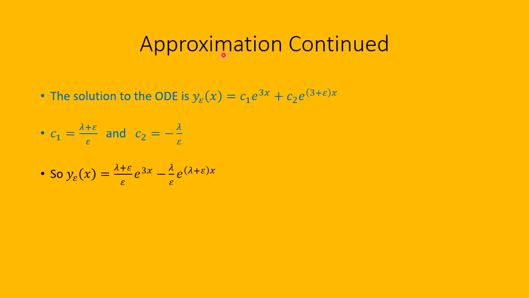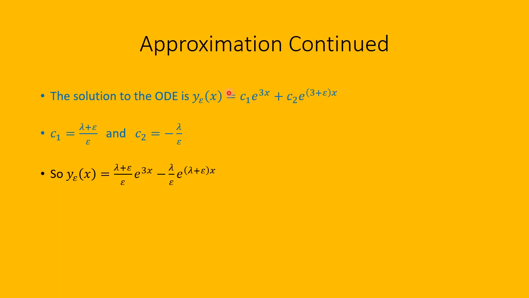So let's continue this calculation. We saw that the solution to the ordinary differential equation involving y sub epsilon was y sub epsilon equals c1 e to the lambda x plus c2 e to the lambda plus epsilon times x. And we also just found out that c1 for the initial value problem has to be lambda plus epsilon over epsilon, and c2 had to be minus lambda over epsilon.